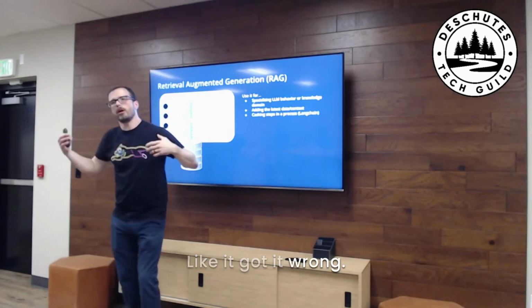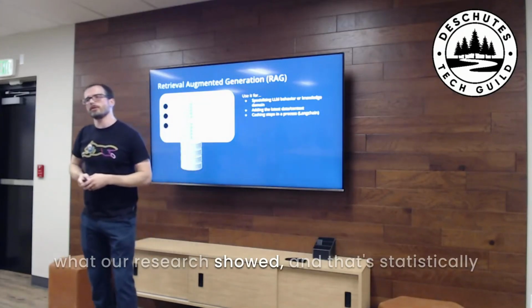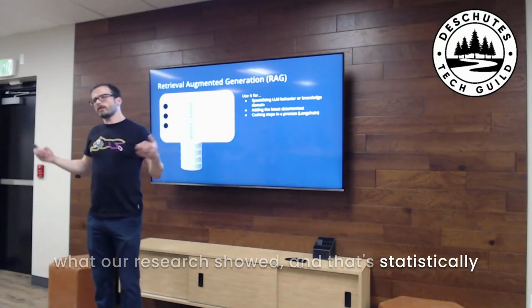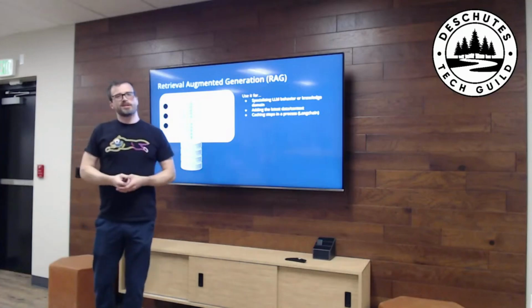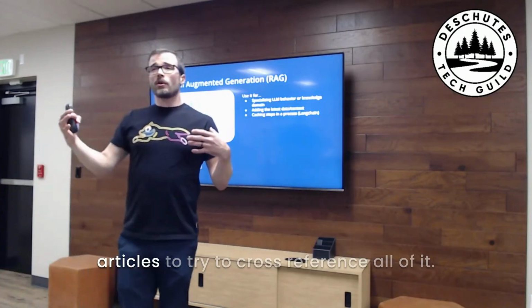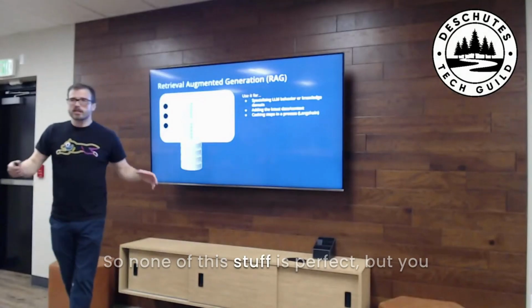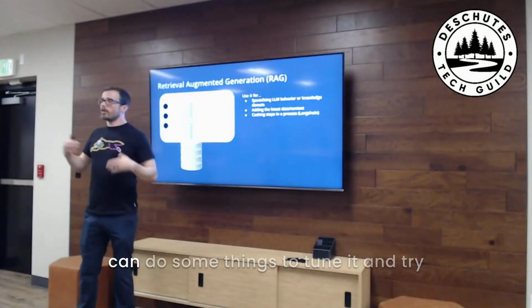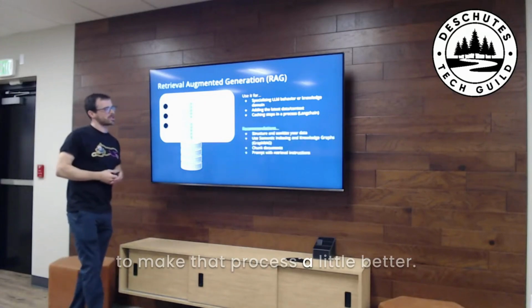It got it wrong, I think 55% of the time is what our research showed. And that's statistically significant in a very harmful way. RAG. Say again? That was using RAG. That was using RAG with PubMed articles to try to cross-reference all of it. So none of this stuff is perfect, but you can do some things to tune it and try to make that process a little better.